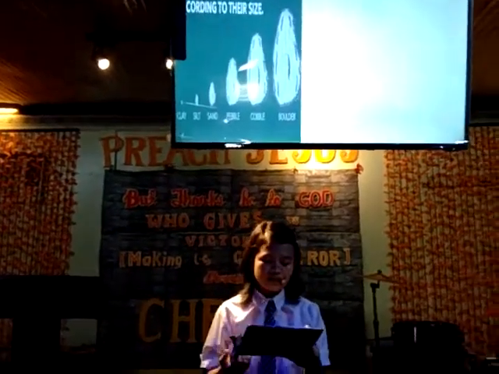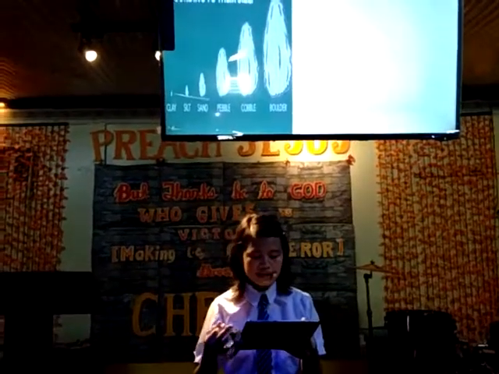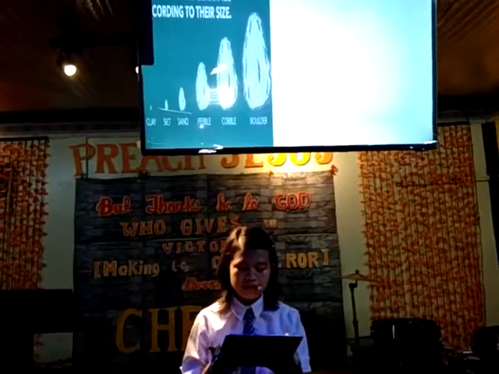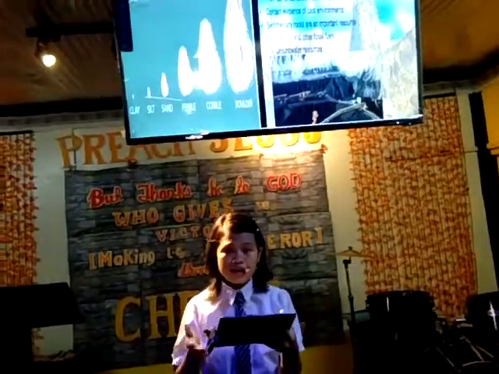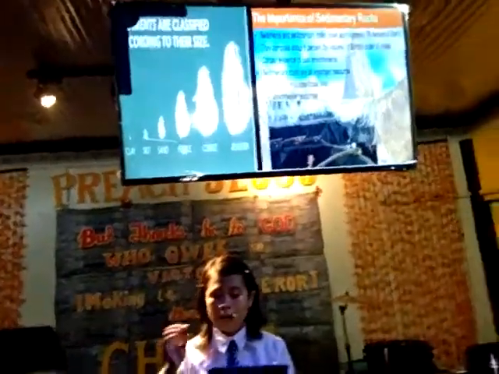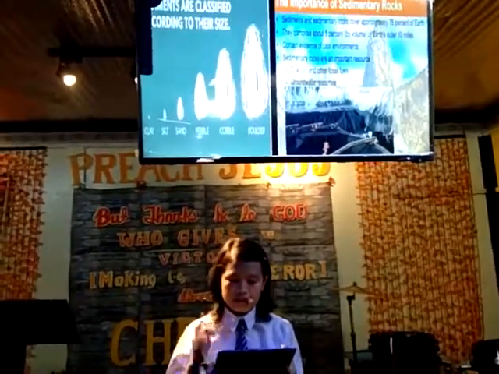Sediments are classified according to their size, from the smallest: clay, silt, sand, pebble, cobble, and boulder. The importance of sedimentary rocks: sediments and sedimentary rocks cover approximately 75% of Earth.